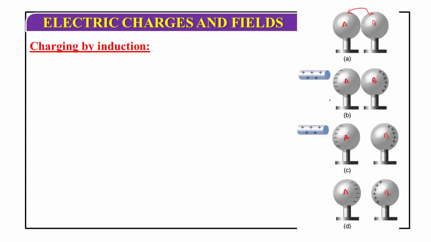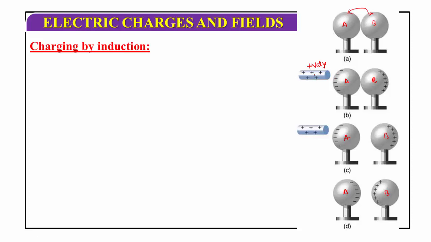In the second process, see this figure, now I bring a positively charged rod near the sphere A. When we bring the positively charged rod near this sphere A, the free electrons in the spheres are attracted towards the rod, because unlike charges attract each other.